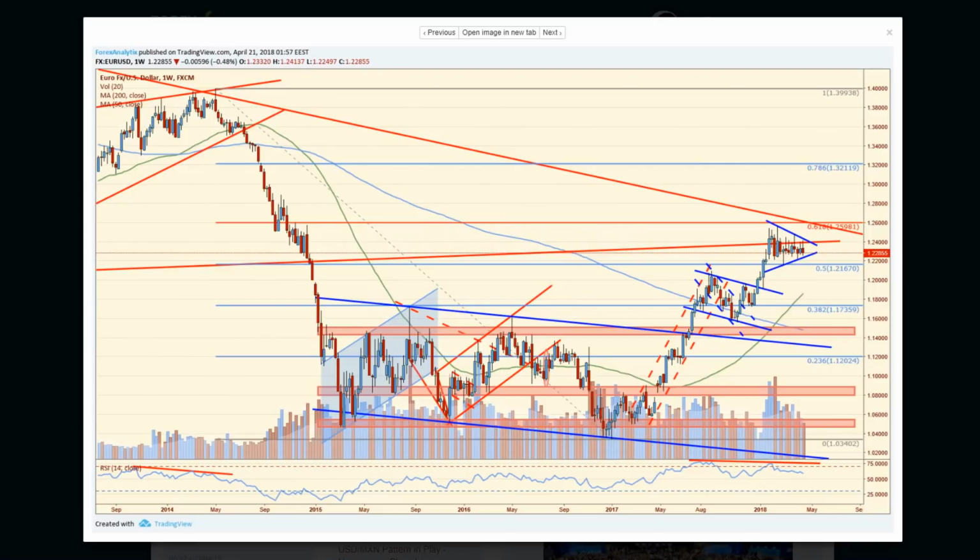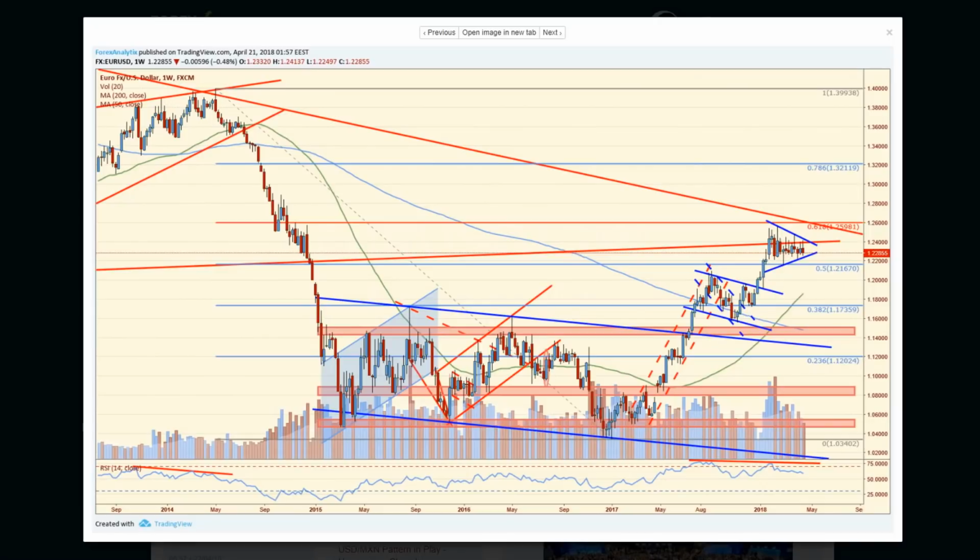And by the way, the euro is going to have a big week this week. We have some PMIs coming out early Monday. But what's really important this week in regards to the euro is that we do have the ECB meeting on Thursday. And then what's even probably more important than the ECB, I don't know, it's going to be neck and neck, is Angela Merkel's visit to the U.S. at the very end of the week, which will be on Friday.